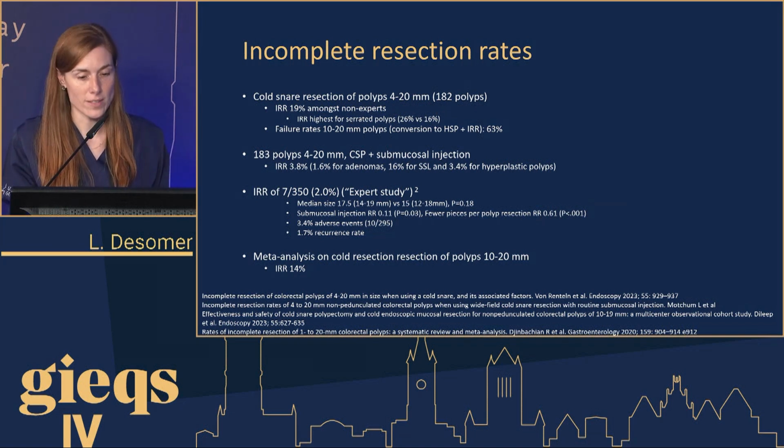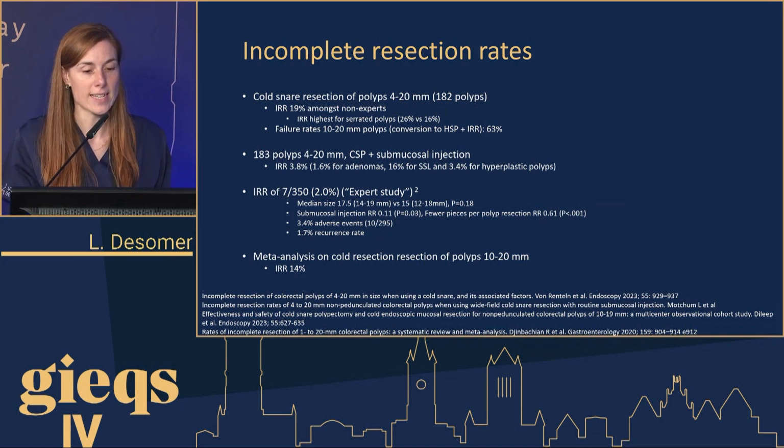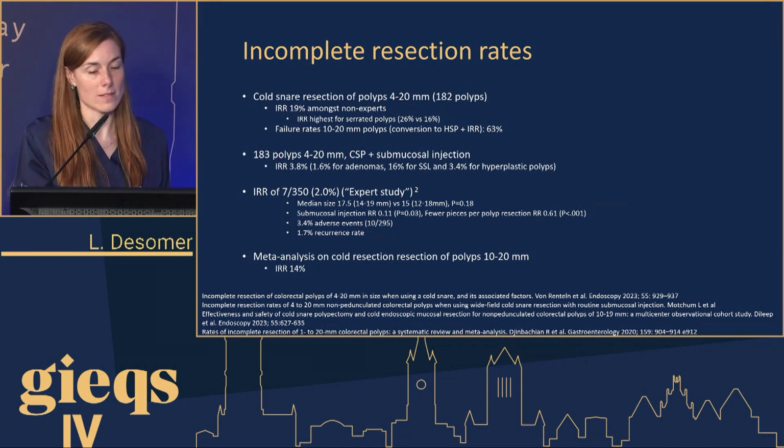I think this is true. The serrated polyps are the hardest to delineate. And we must say that there are actually failure rates of 63% for 10 to 20 millimeter polyps. And let's say again, this is a non-expert center. So this is a real world experience.